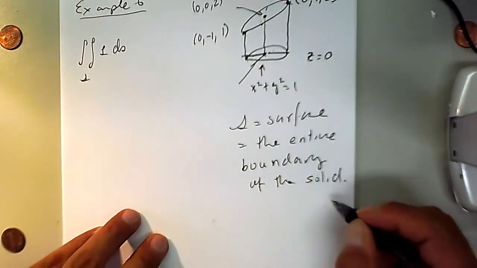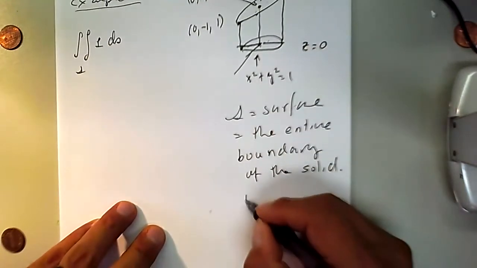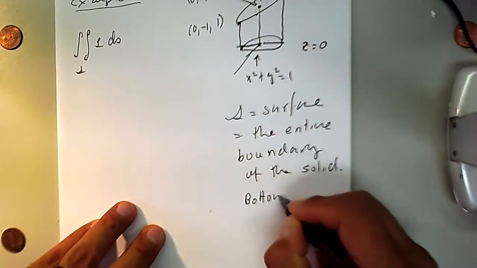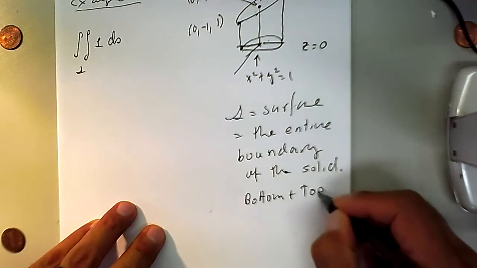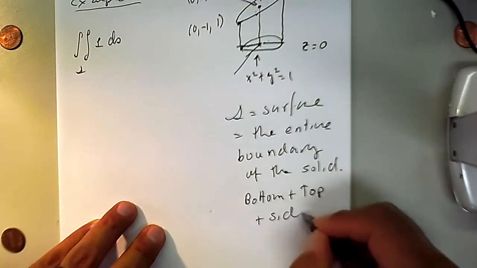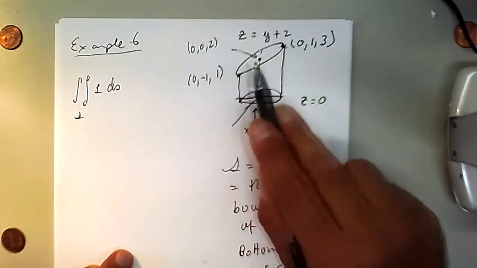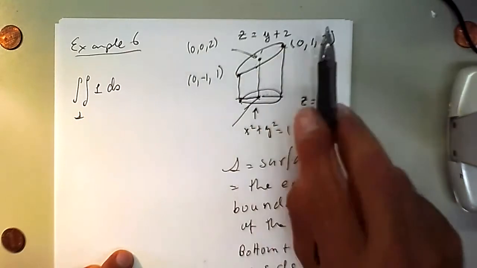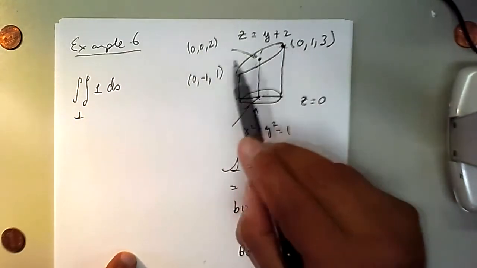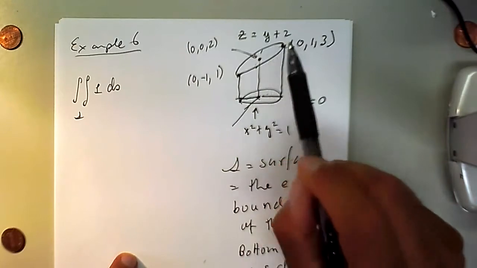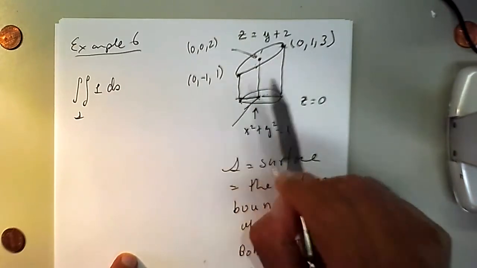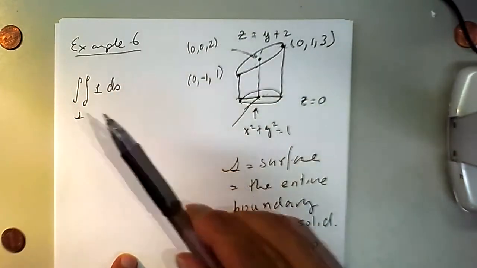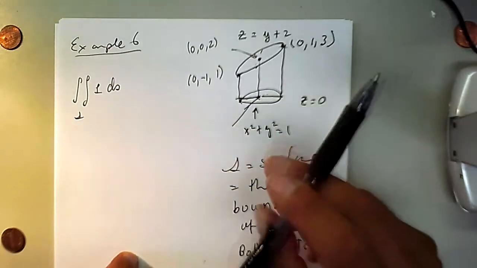So there's going to be 3 parts to it. The bottom, there's going to be a top, and then there's going to be a side. So the side is all the way around. 1 bottom, 1 top, and 1 side, as opposed to the cube that had 4 sides, the front, the back, you know, left and right. But here it is just 1 smooth side.